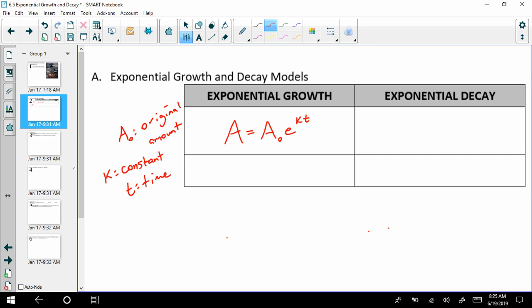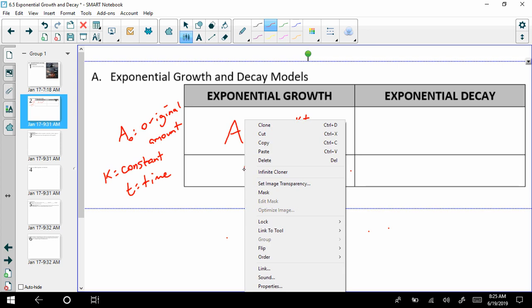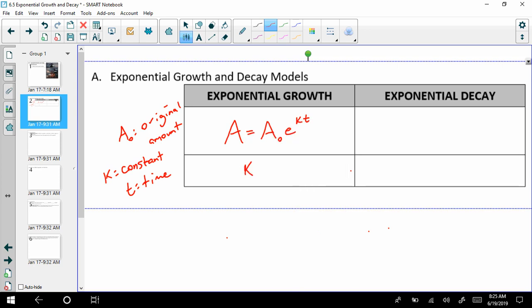Now, if it's exponential growth, that means our constant k is greater than 0. That is what makes it exponential growth. Then the exponential decay model uses the exact same model, except k is going to be less than 0.